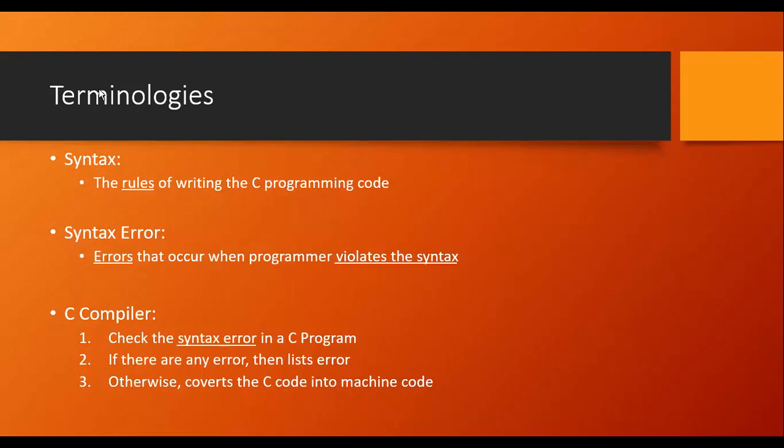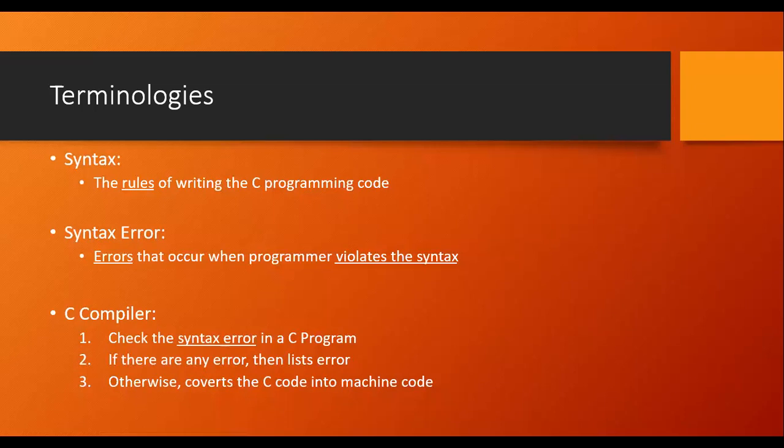So among these three terms, the compiler is the one where you need to remember what it actually does. There is a lot of validation done by the compiler. A few of the things I have just listed here. First, it will check whether there are any syntax errors. What are syntax errors? These are the errors which occur when the programmer makes mistakes while writing the syntax. So what is syntax? Syntax is nothing but the rules or guidelines which a programmer has to follow in order to write in the programming language.